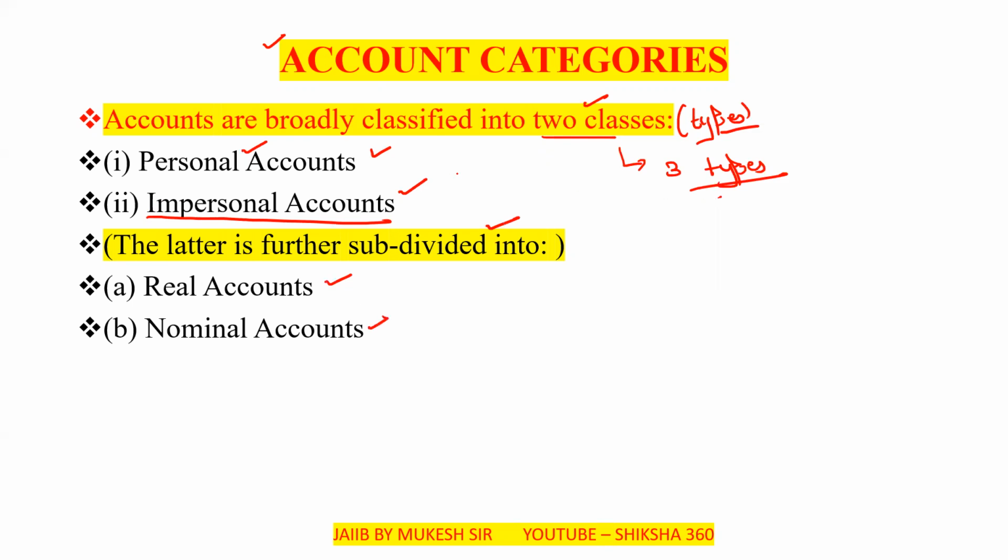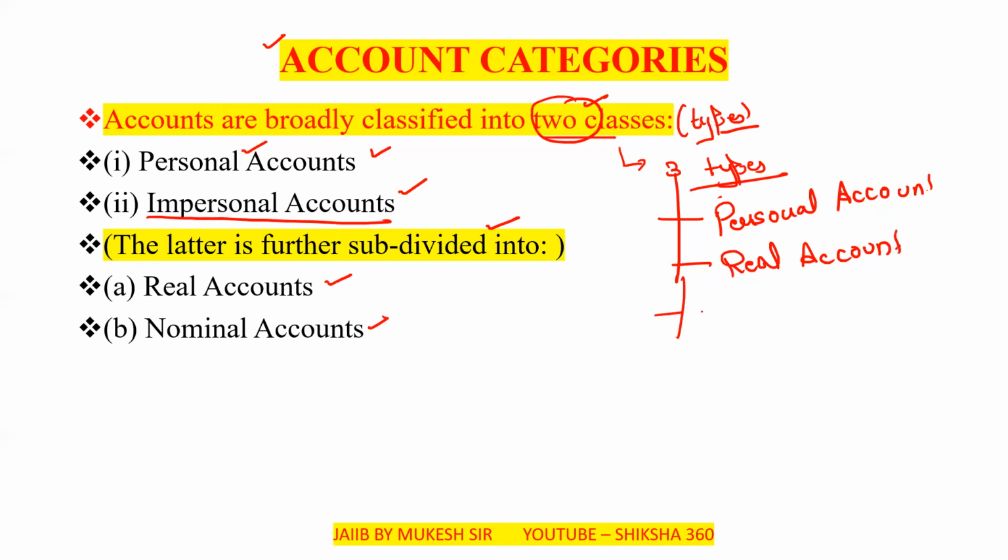So at some places where they mention that accounts are to be classified into three types, what are those accounts? The first one is the personal account, the second one is the real account, and the third one is the nominal account.